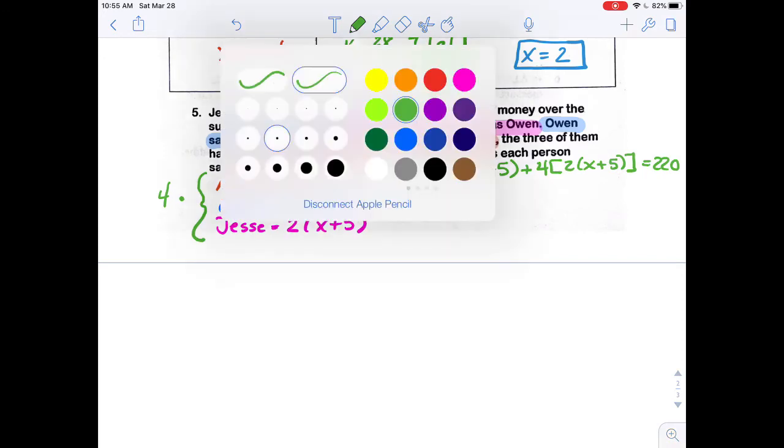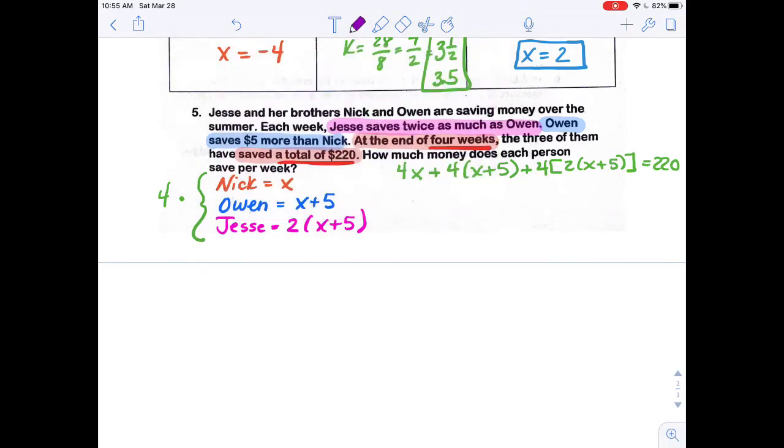So now you're going to go ahead and use your distributive property on those, and you'll get 4x plus 4x plus 20 plus, and again, when you do that 4 times 2, that's going to give you 8, and then that 8 can be distributed on the inside. So that's going to give you 8x plus 40 equals 220.